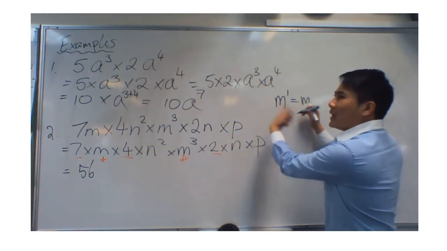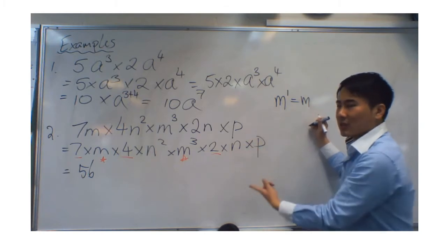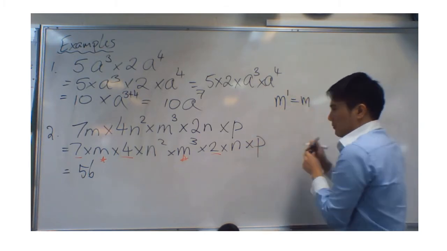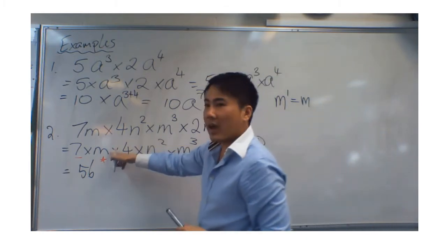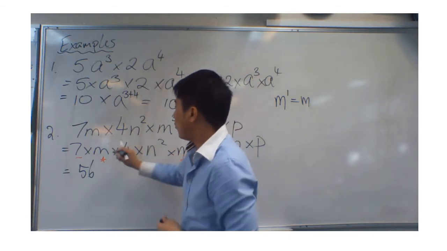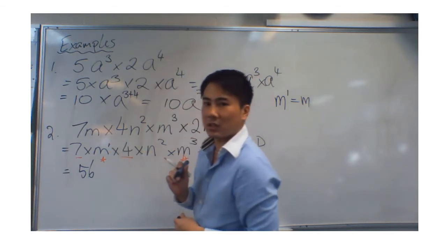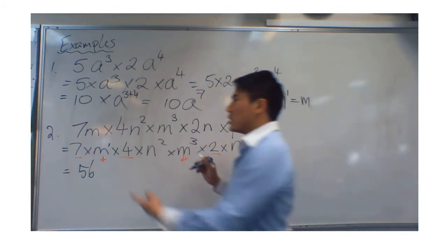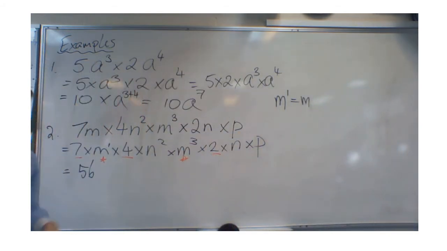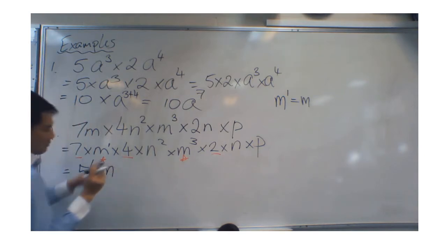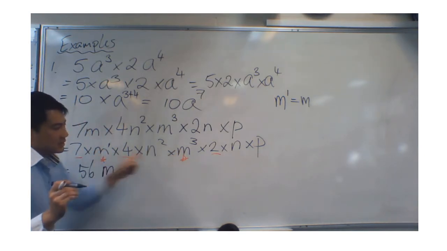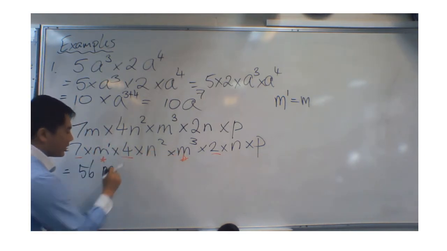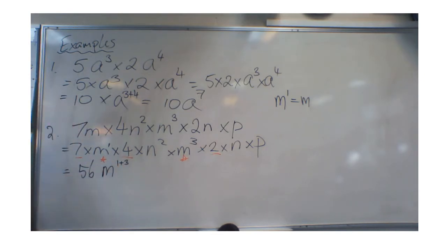Okay, so if I have a million to the power of 1, it's a million. So this one is actually m to the power of 1. We don't write it because mathematicians are lazy. We don't have to write things that we don't need to, but we know m to the power of 1 is just m. So we can group this m and this m together, which means that becomes m, same base. If I'm timesing, I add the power 1 plus 3.